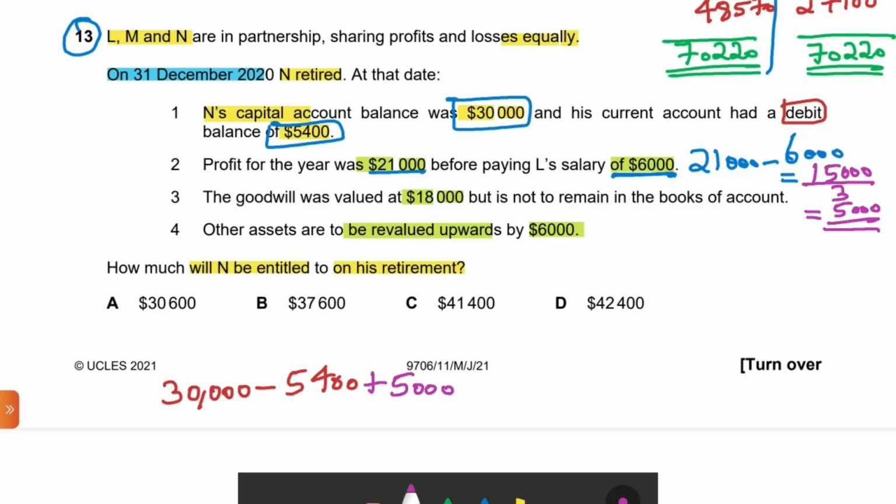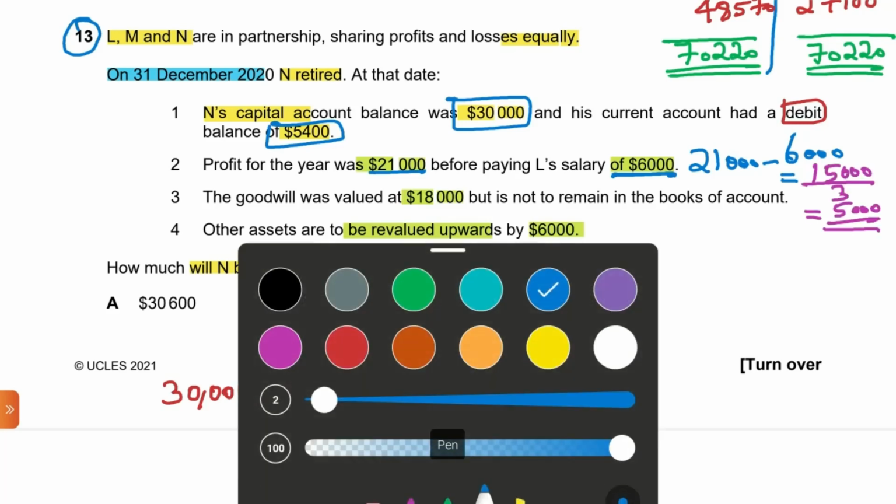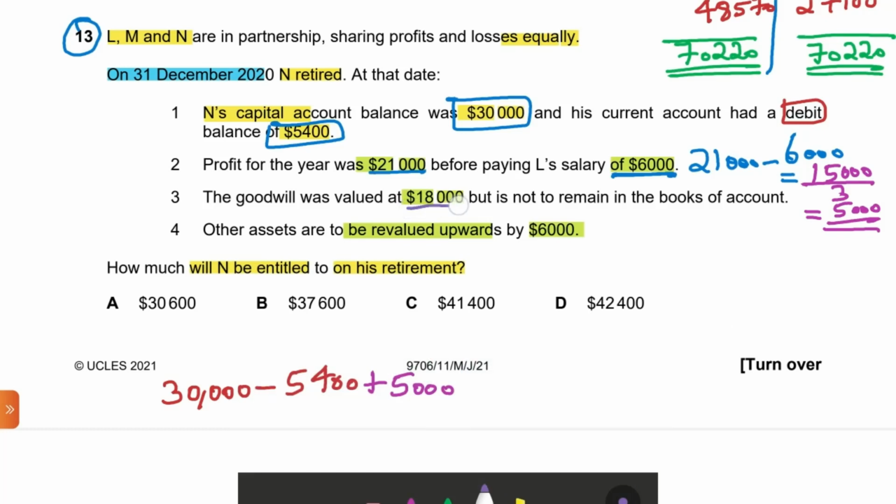Next, goodwill was valued at 18,000. When one partner is retiring, he is sacrificing his goodwill, so the gaining partners should give his goodwill portion. He has to get the amount at the time of retirement.